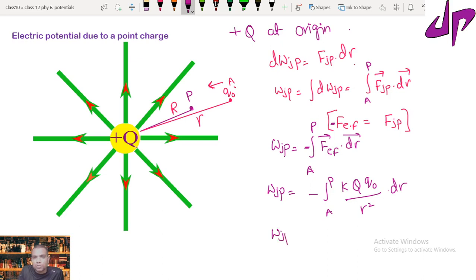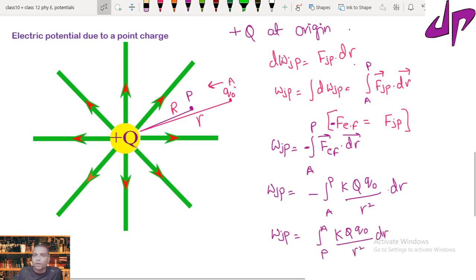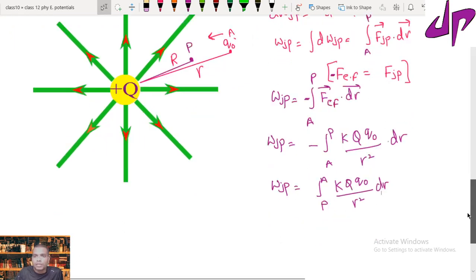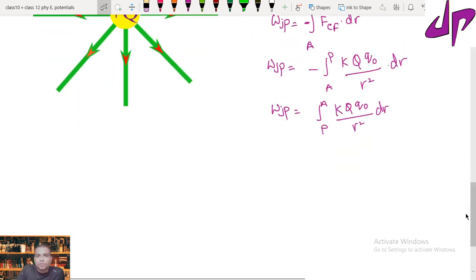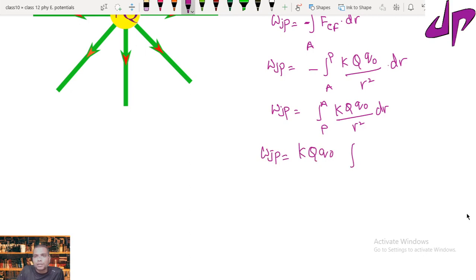So the work done by me equals the integral from P to A of K capital Q small q naught upon r squared times dr. Now if we try to do the integration, the work done by me equals K capital Q small q naught integral P to A of 1 over r squared times dr.